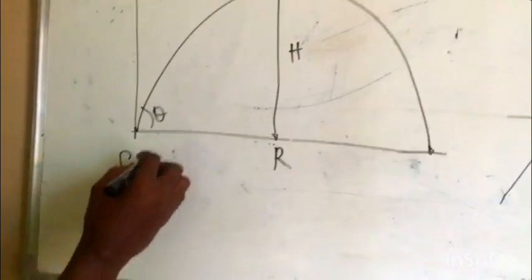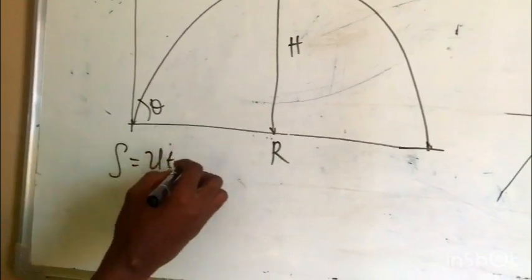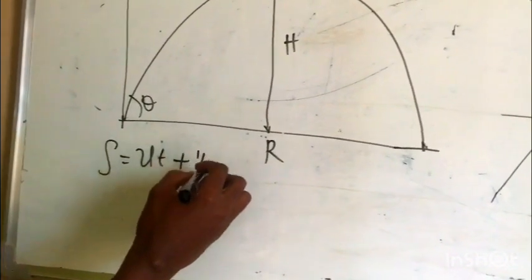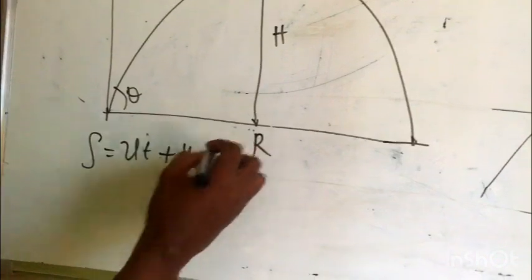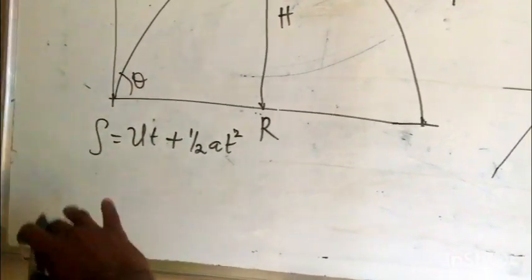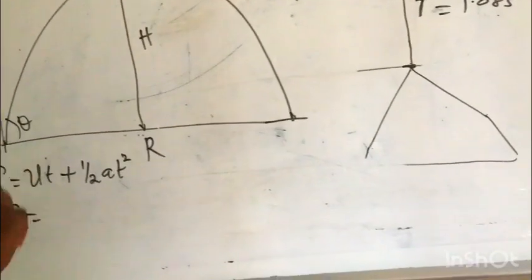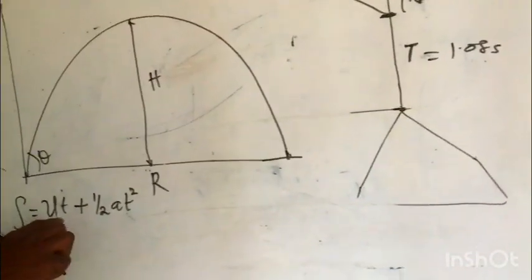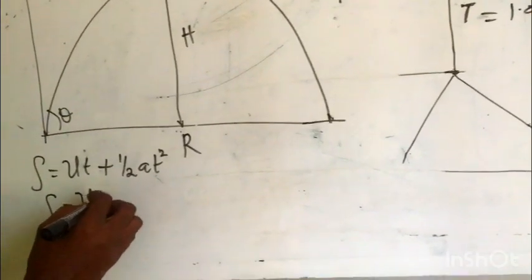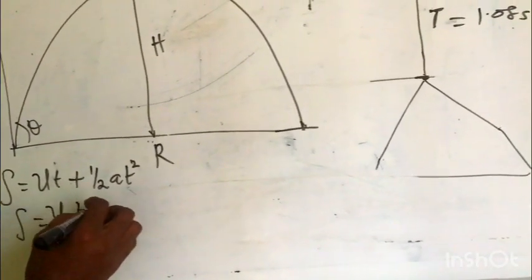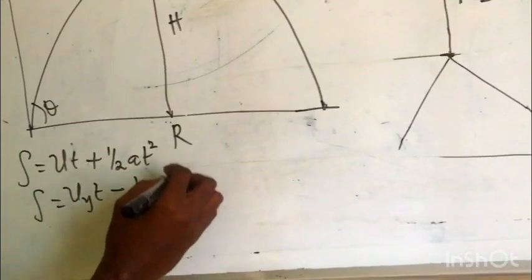Don't forget from our equation of motion, we have x equals ut plus half at squared. Now for the upward motion, that means our x will be equal to the vertical component of our velocity, uy times t, minus half gt squared.